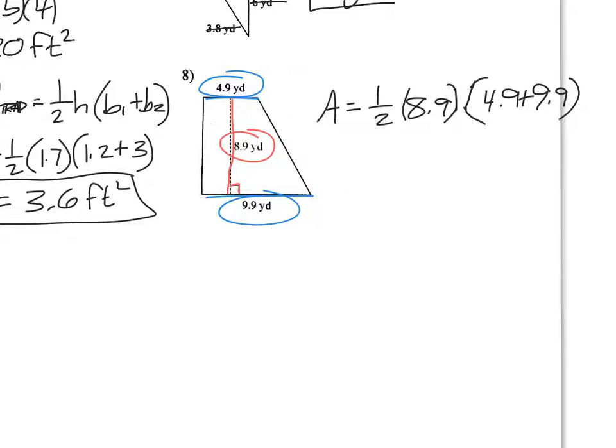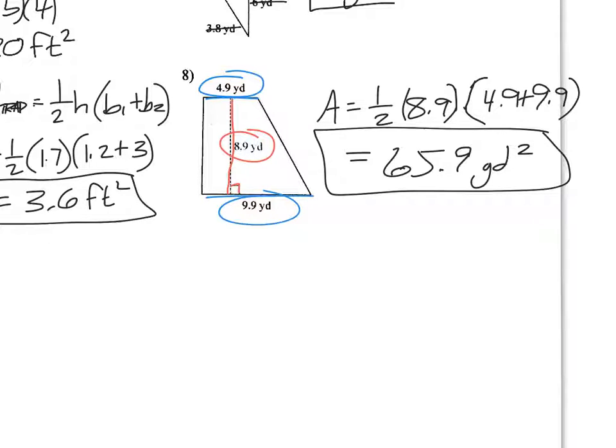And actually, the bases can be switched around, but if you mess the base up with the height, it will give you the wrong answer. So 8.9, 4.9 plus 9.9. So we do all that on the calculator, and I get 65.9 yards squared to the nearest tenth. So really just a lot of formulas and then just plugging into the formula and solving. So hopefully not too bad.